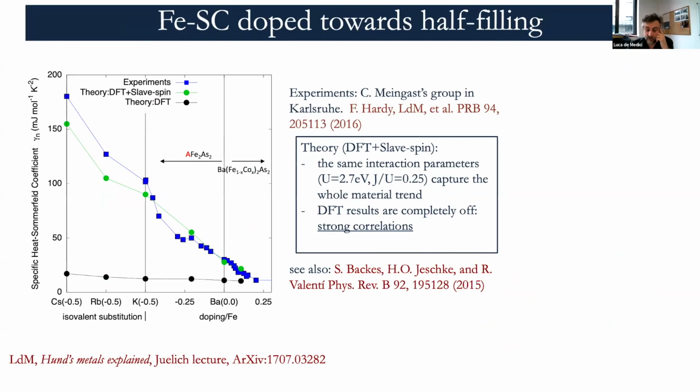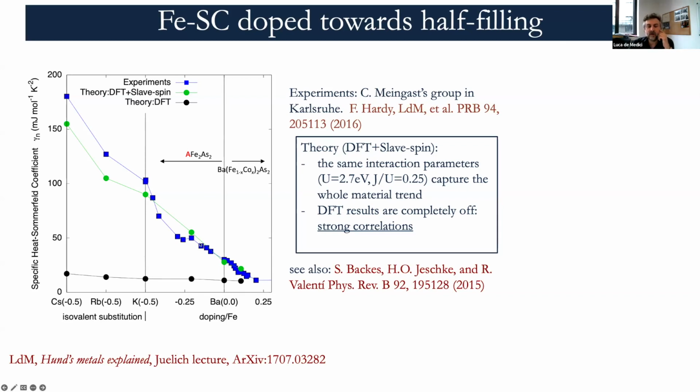By the way, this was also evident in the calculations that we did for the iron-based superconductors. Here, typically, is the 1 to 2 family, which can be hole doped from the 6 electrons in 5 orbitals all the way toward 5.5 electrons. So approaching the half filling at 5 electrons.